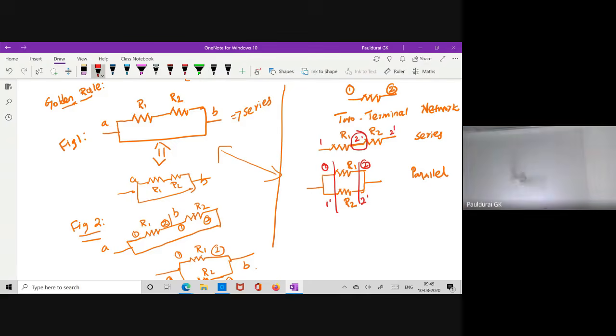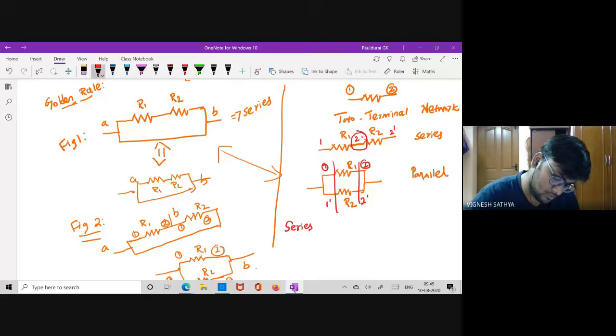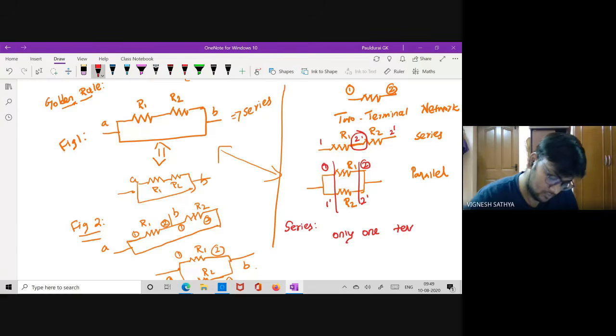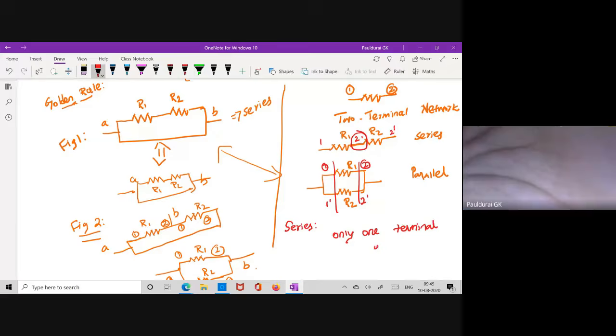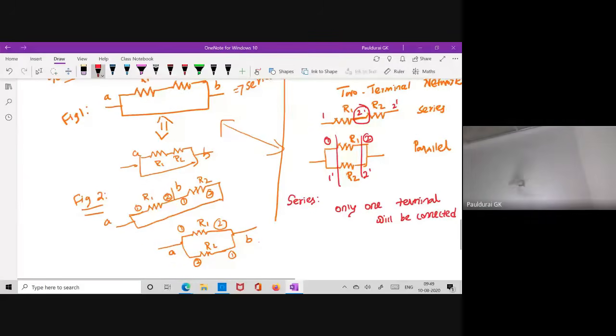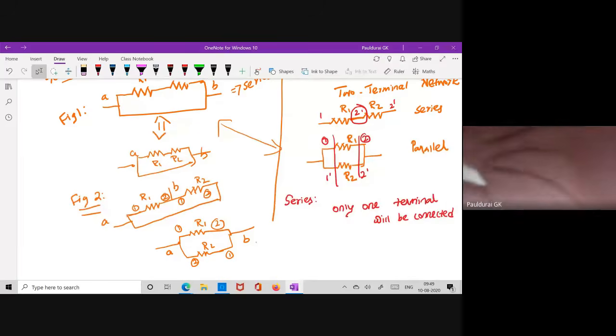So my golden rule for series and parallel connection: in series, only one terminal will be connected. Just write this rule. We will apply the rule when we are solving problems, and at that time you will get more clarity.